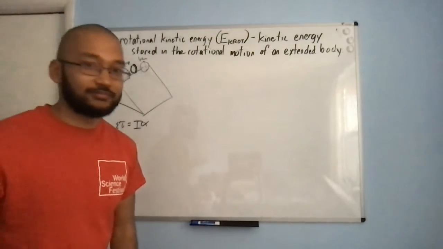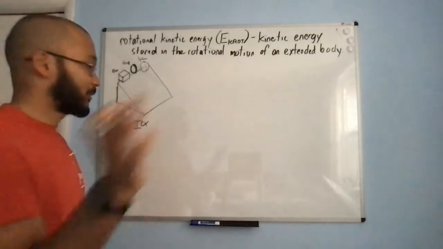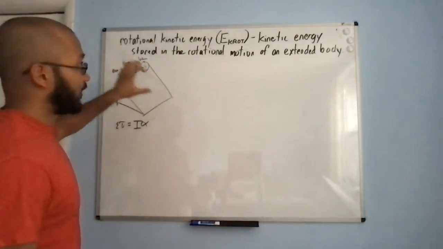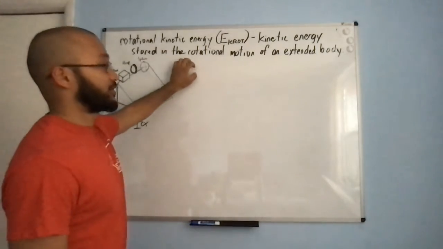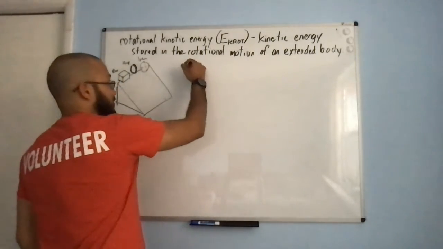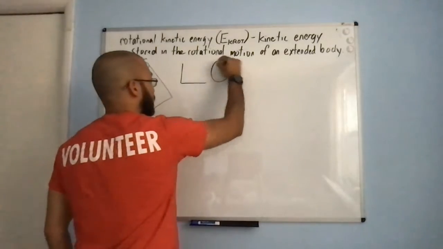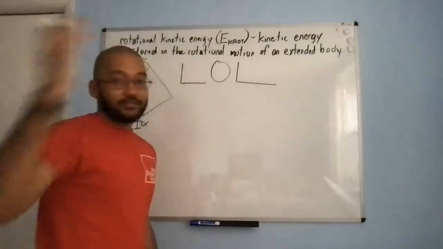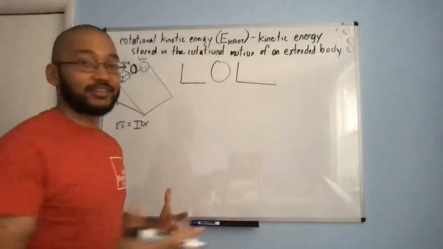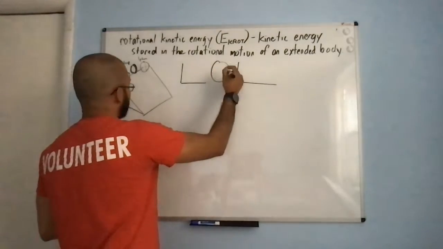So hopefully you saw that, or I can show you a video, whatever. We want to analyze this now with energy. You want to think in terms of the energy conservation equation.